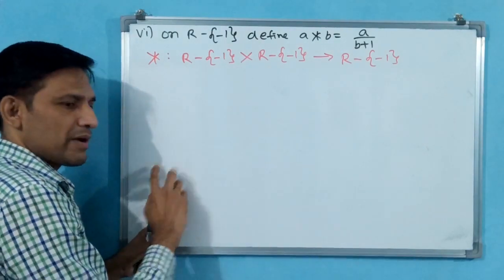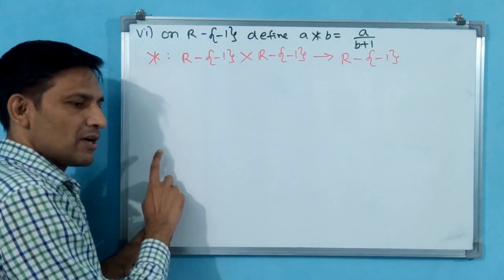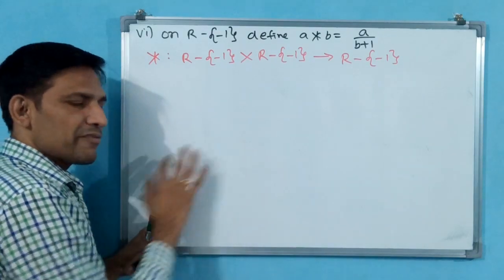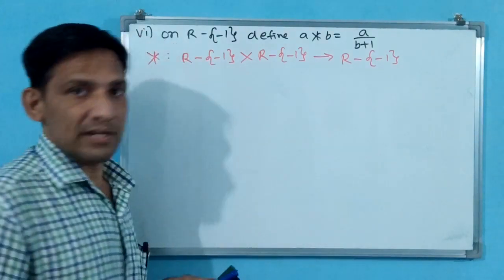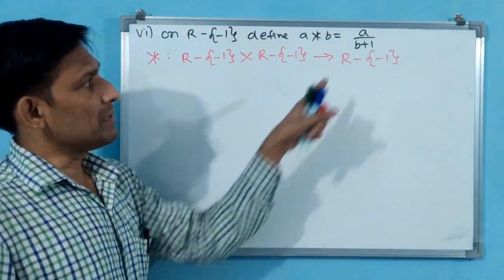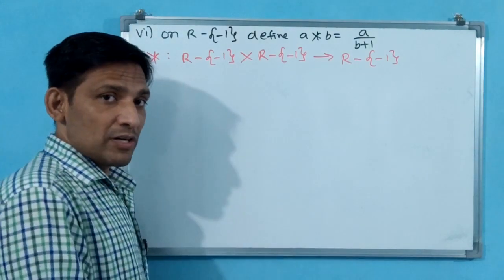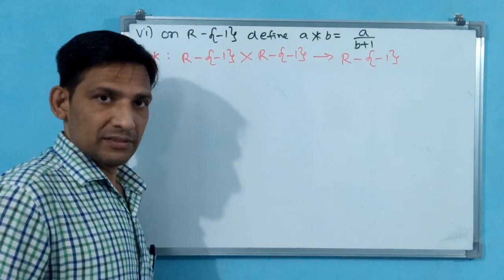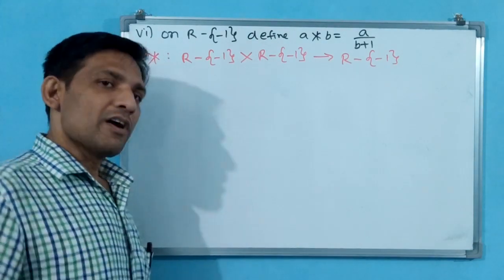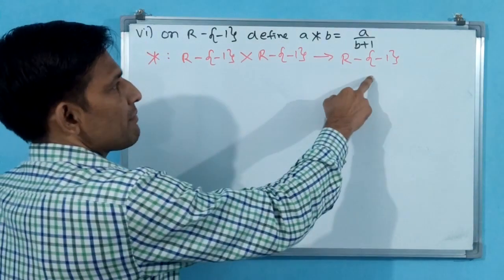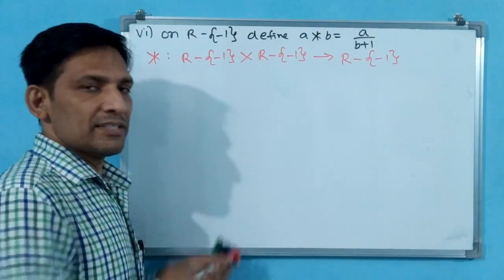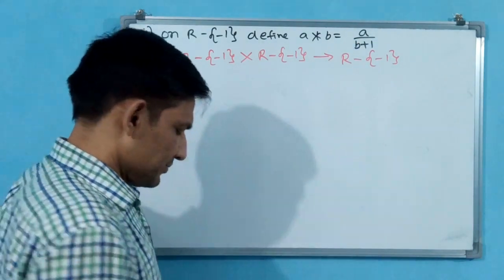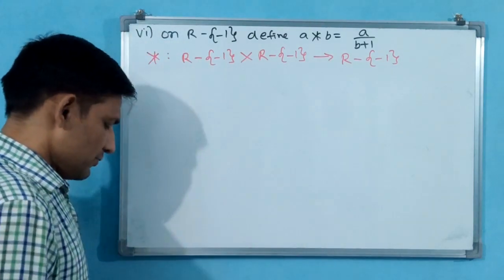In this Cartesian product minus 1 never comes in A, B. But here also minus 1 should not come, because here also minus 1 is not there. If minus 1 comes, then this is not a binary operation. Now take the converse. For getting minus 1, what you have to take, that we will see. If that is possible, then this is not a binary operation.